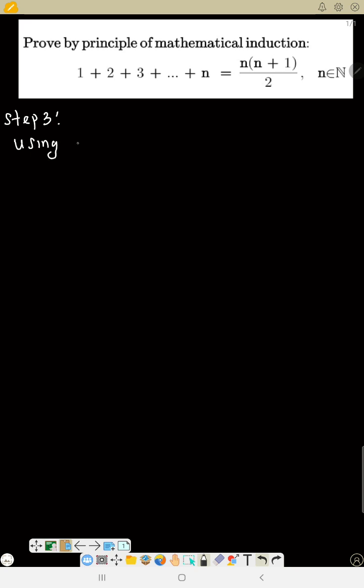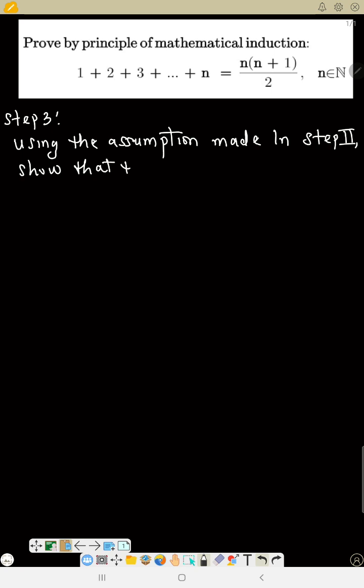Step 3: you write, using the assumption made in step 2, show that the statement is true for n is equal to k plus 1.